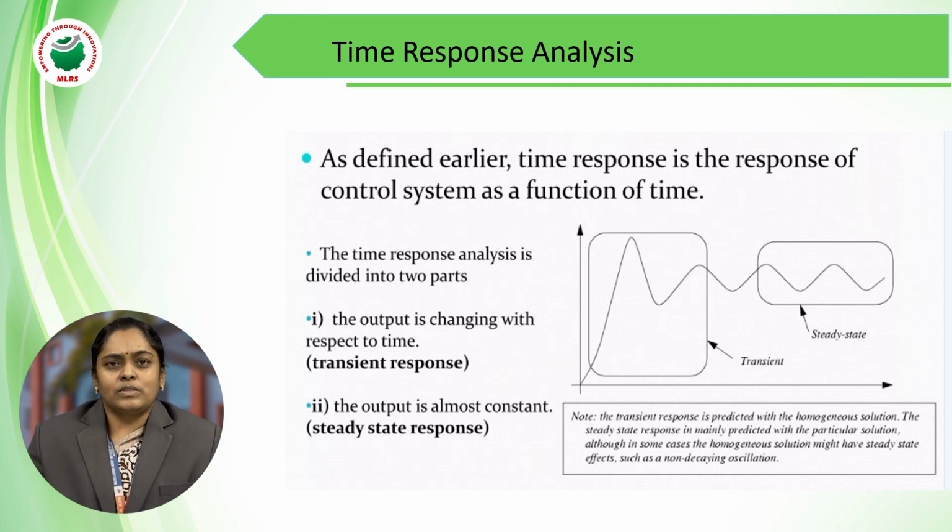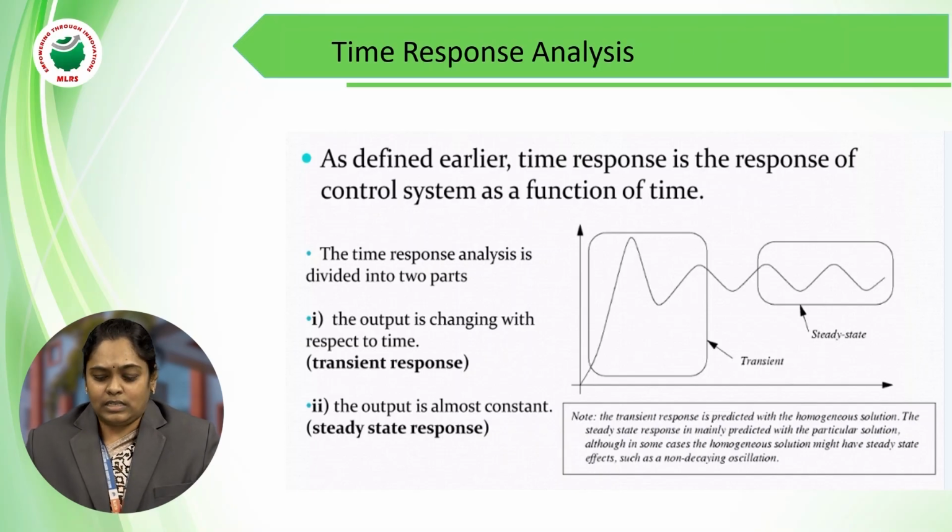Basically, time response analysis consists of two parts. One is the transient response and the other is the steady state response. Let's take a simple example: let me assume that I'm switching on a fan. The fan has a maximum speed at 5 volts. Whenever you switch on the fan, it will not rotate at the maximum speed automatically, but slowly it will increase its speed.